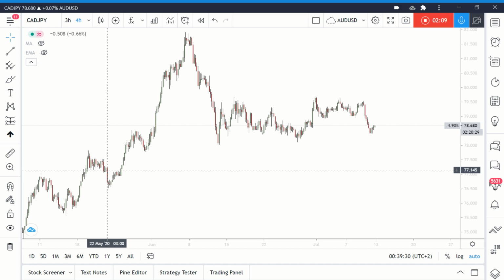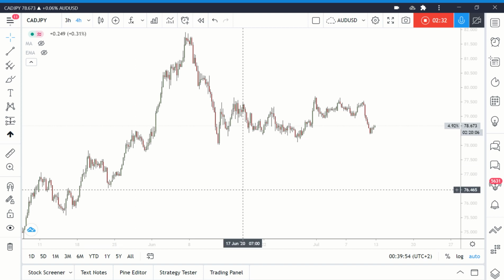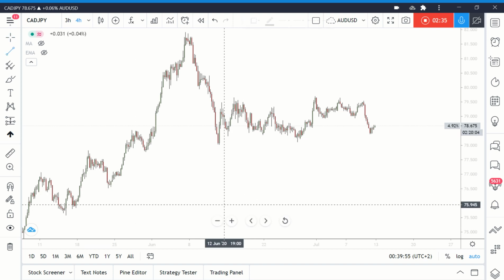First thing that we know is that the Canadian dollar is a commodity currency. What I mean by a commodity currency is that its strength is largely dependent on one or more export commodities. I won't get into much detail, but we do know that the Canadian dollar is largely dependent on oil prices.